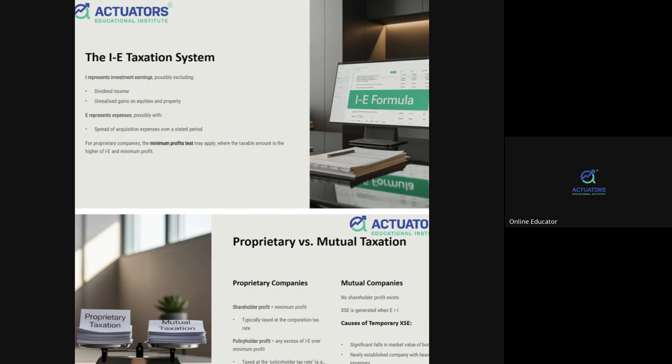It is usually an assumption weakening scenario that will lead to a large trading profit and thus to an excess E scenario. And the excess E is basically the negative policyholder profit from the previous year, right? So that excess E amount will get carried forward year on year.